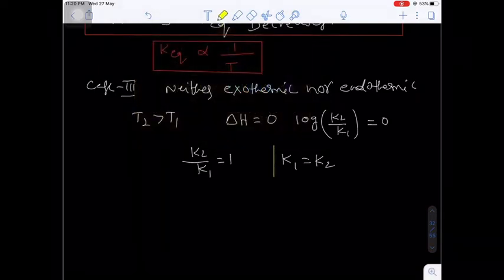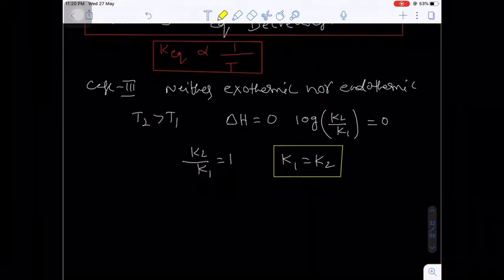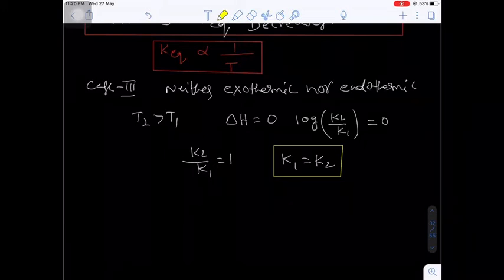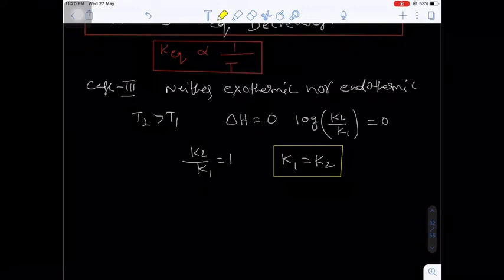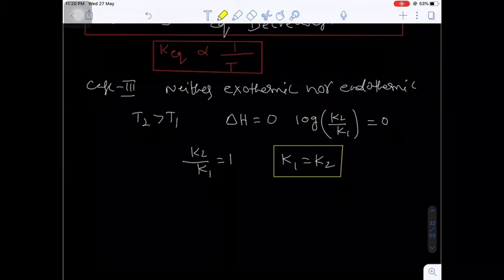That means even though you increase the temperature, the equilibrium constant does not change. That means this reaction is neither exothermic nor endothermic, that means equilibrium constant is independent of the temperature. In which reactions? Neither exothermic nor endothermic reactions. Are you getting my point?